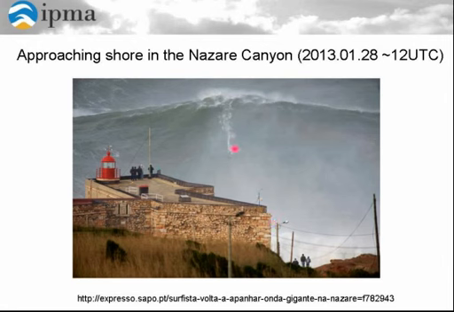We can see here a surfer, Garrett McNamara, who is already known for surfing the biggest wave in the world. It's difficult to measure the wave. You can always speculate about the wave height, but I would say at least around 20 meters.